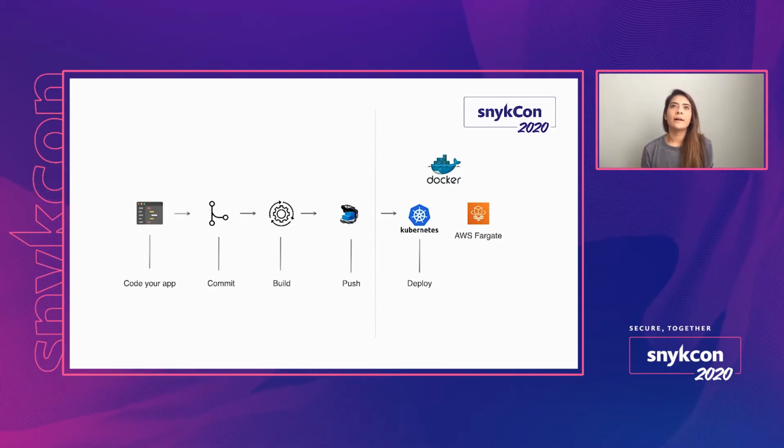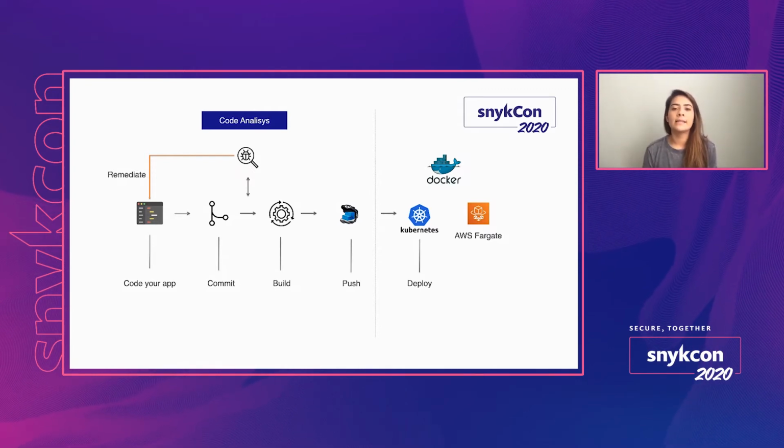If you are a developer and you are coding your app, after you code your app, you're going to commit it to the repo. After you commit it, you can have some tests running on it, like code analysis, static analysis, dynamic analysis, and other kinds of tests. So you'll be able to see if you have any bugs in your application, if there is information that is not supposed to be there, or if you can solve those bugs before it goes to a production environment.